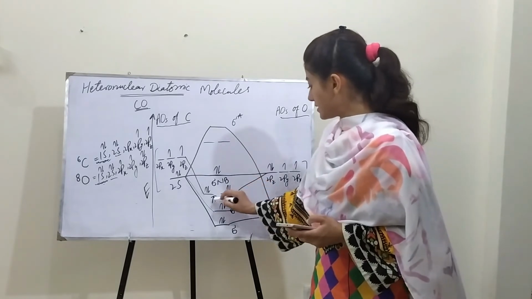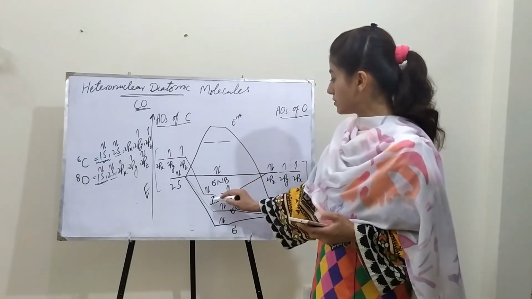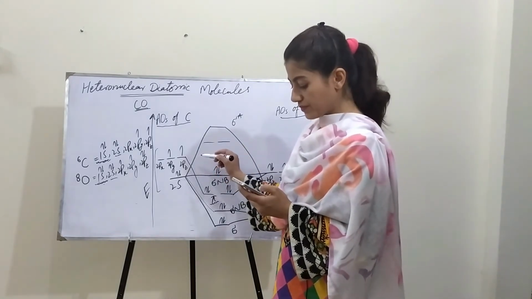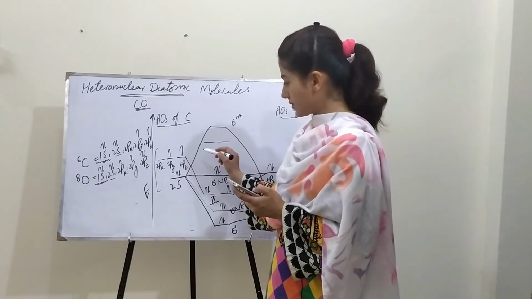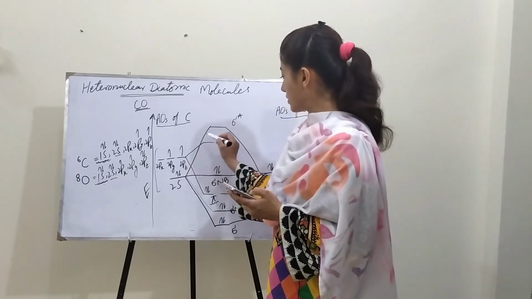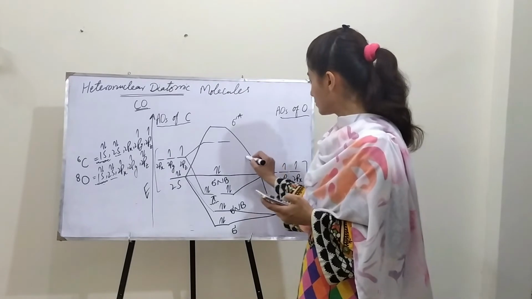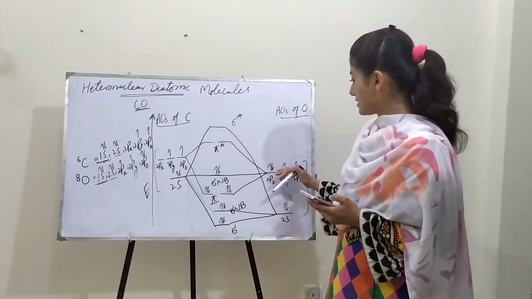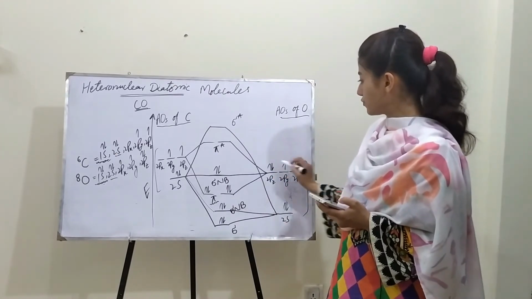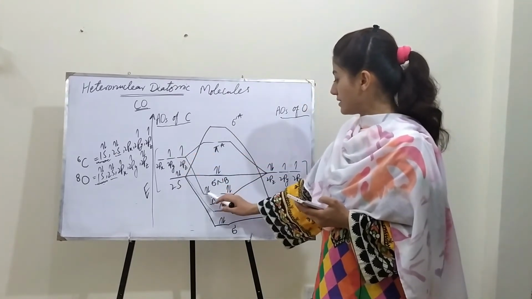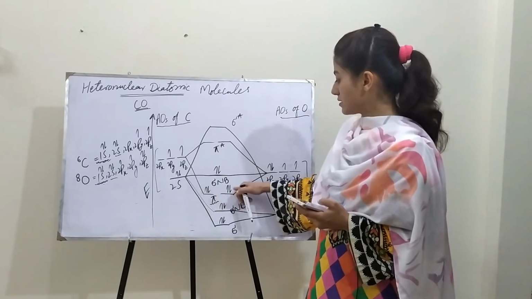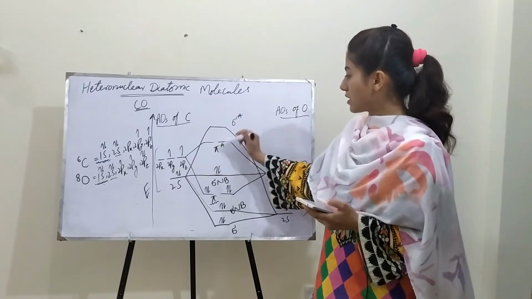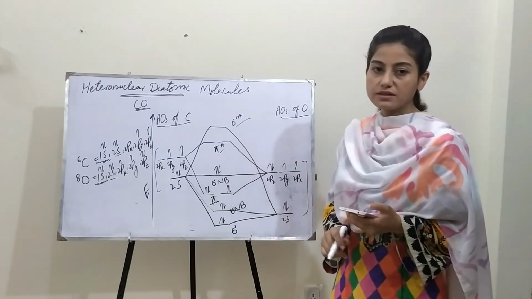Then this pi bond would be accompanied with antibonding molecular orbitals, that is pi star. As there are 6 electrons, 2, 4 and 2, 6, these 6 electrons have been placed here. So these pi star and sigma star would be left vacant.